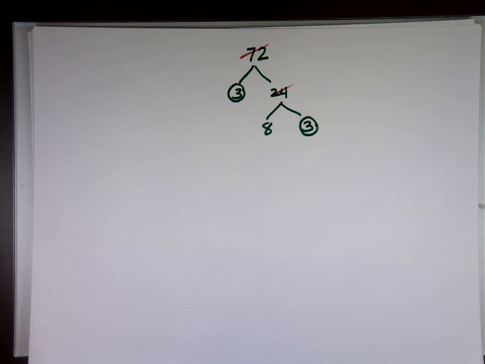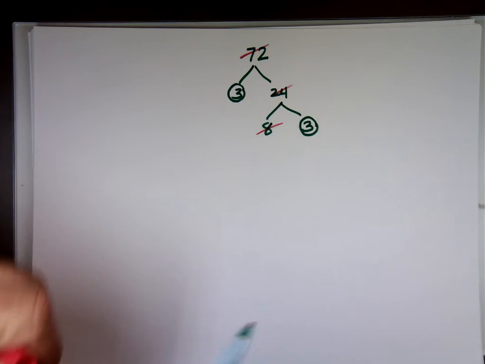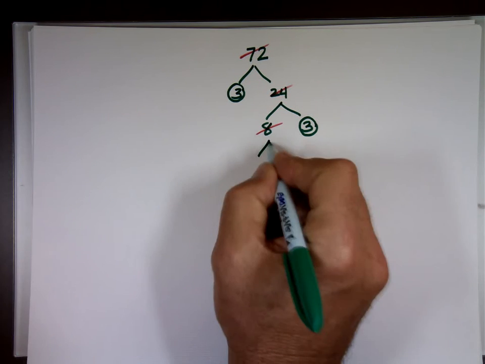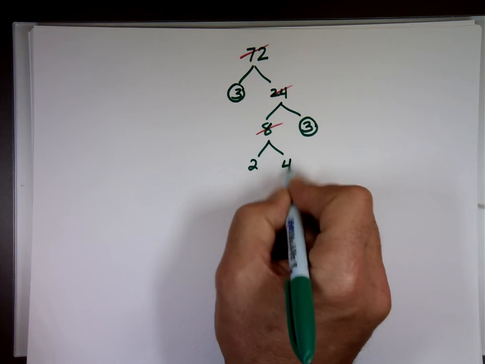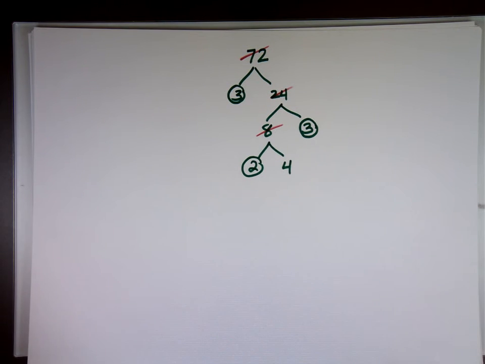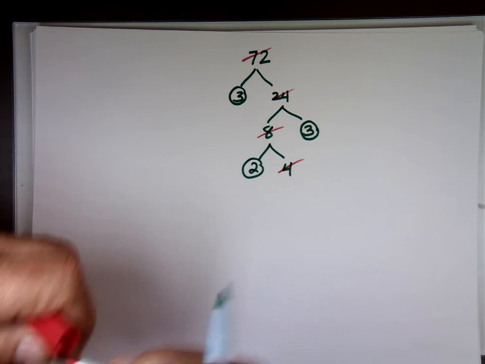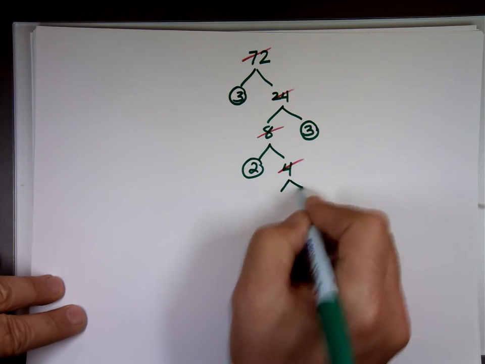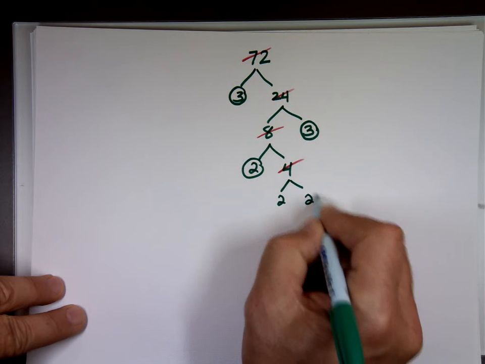Is 8 a prime number? Nope. 8 can be replaced with what? 2 times 4. Is 2 a prime number? Yes. Is 4 a prime number? No. 4 can be replaced with what? 2 times 2. Are they prime numbers?